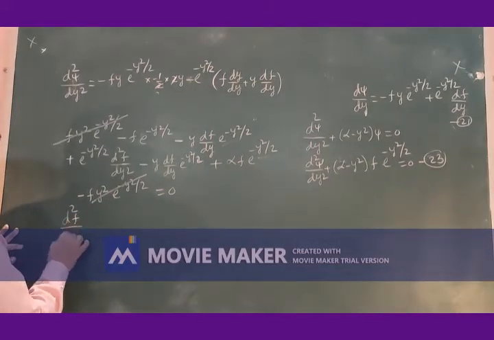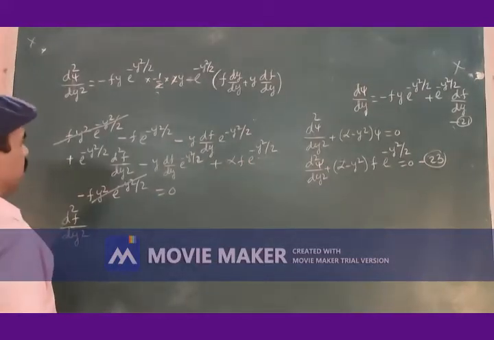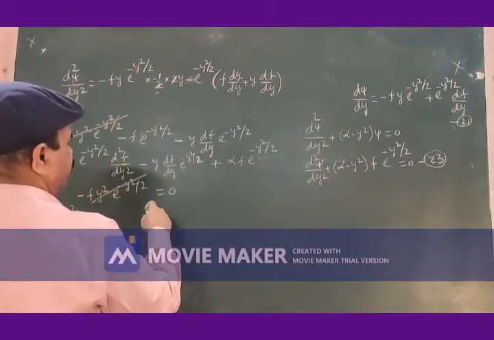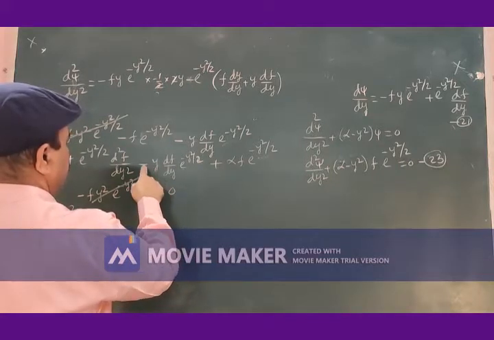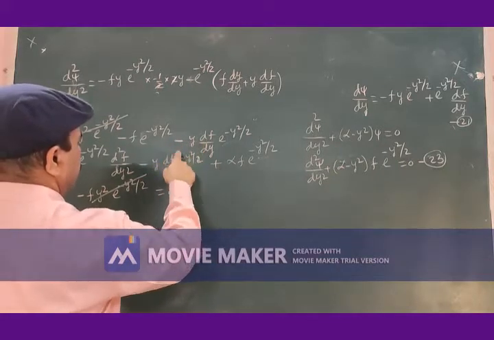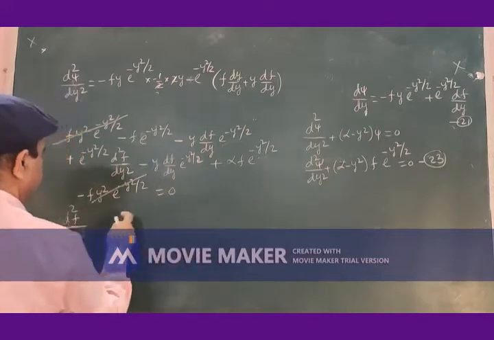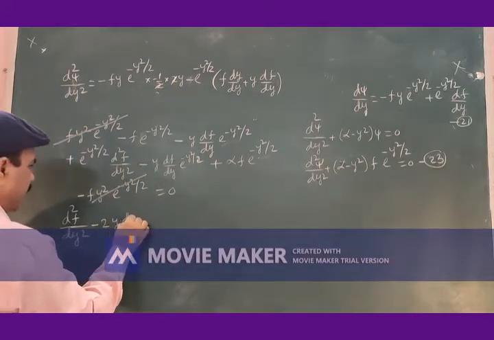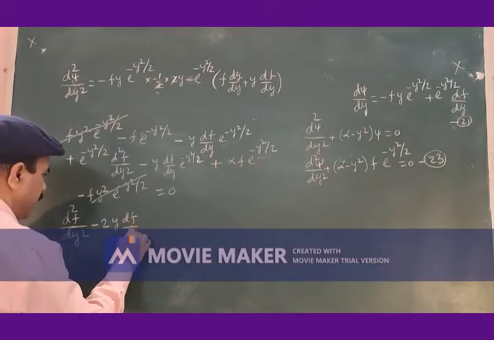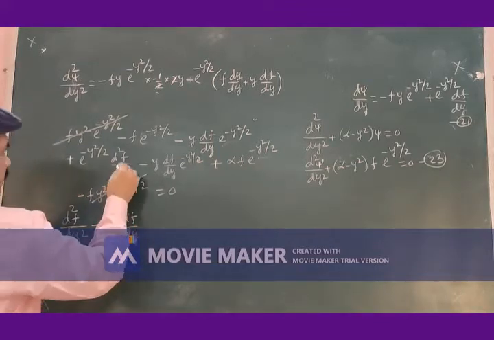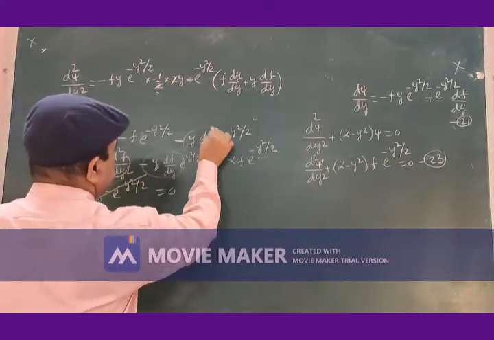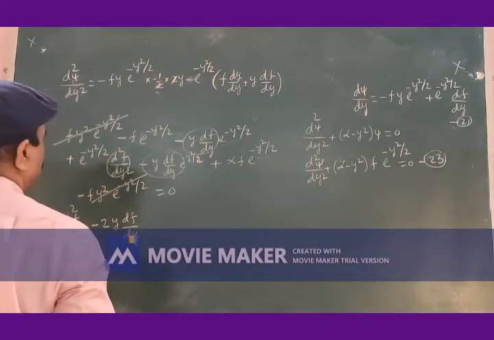d2f by dy square, the first term, is taken. Then let us go to the other one, y minus y df by dy, so it is minus 2 times y df by dy. This is taken, this is taken, this is taken. Now what is left?